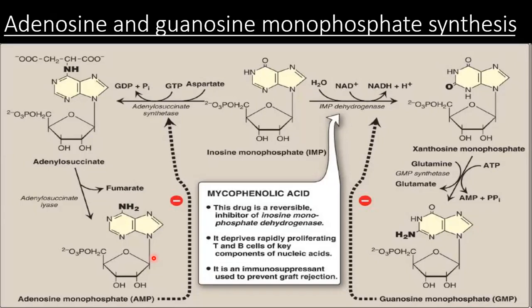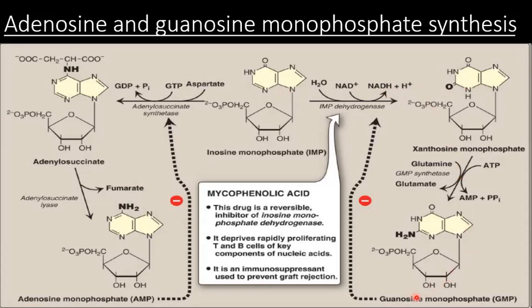Please remember that. Now we have formed the AMP. Now AMP, when in high concentration, will inhibit adenylosuccinate synthetase. Please understand that. When this reaction is inhibited, we will proceed in this direction.